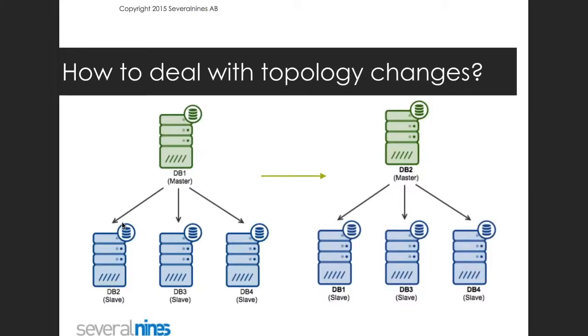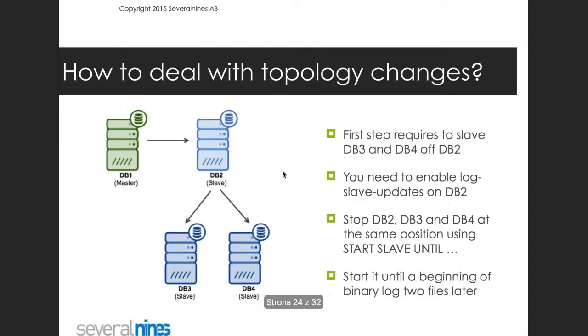So we basically induce a lock, because that's the only way we can do it easily without global transaction ID, and it's not that easy still. What we need to do is, of course, enable log slave updates on DB2, and then we need to stop them at the same position.